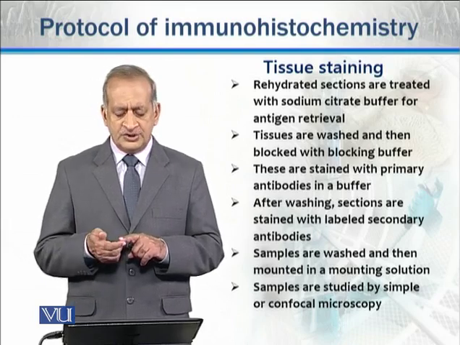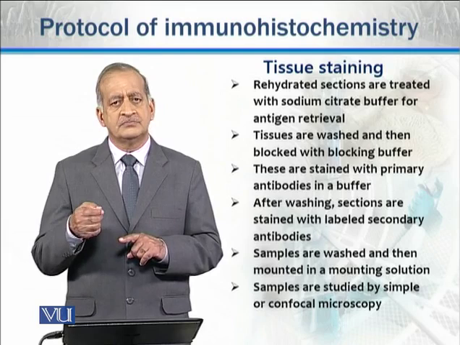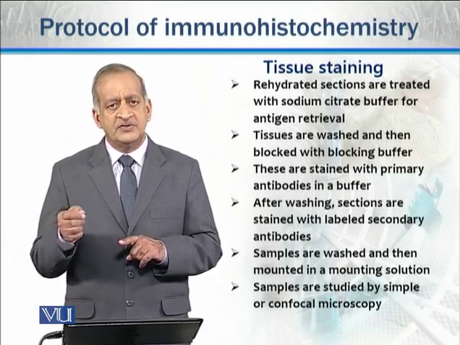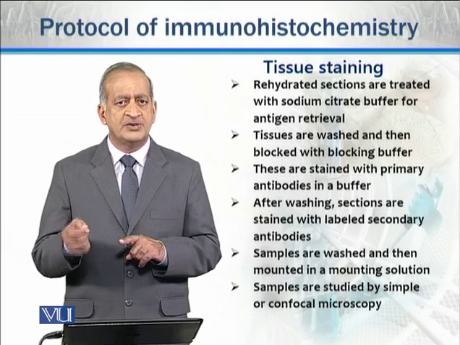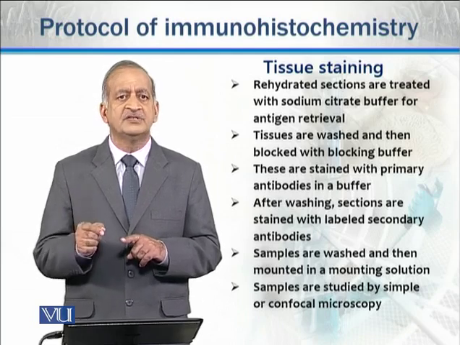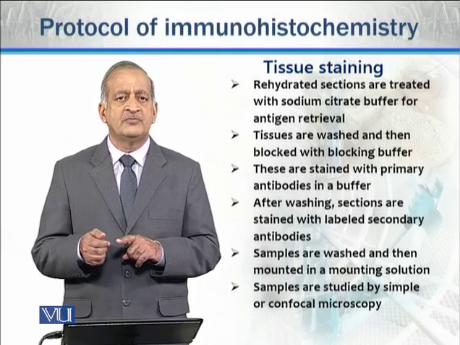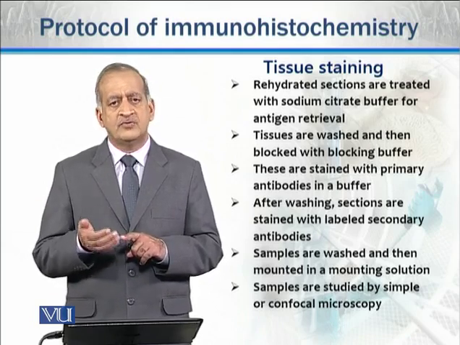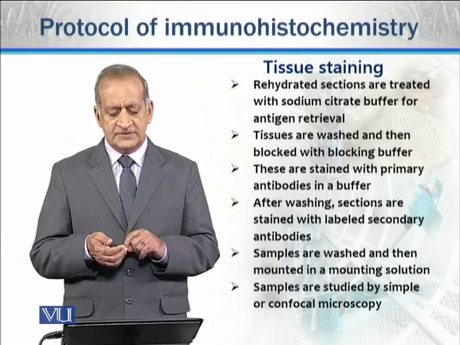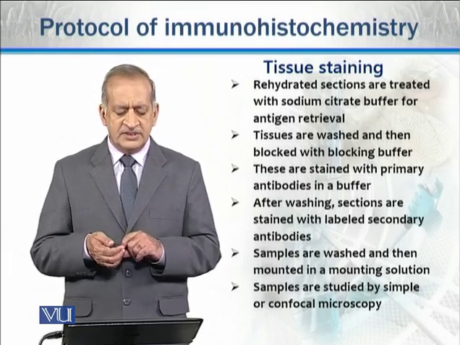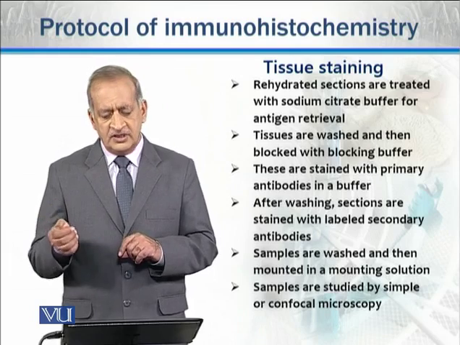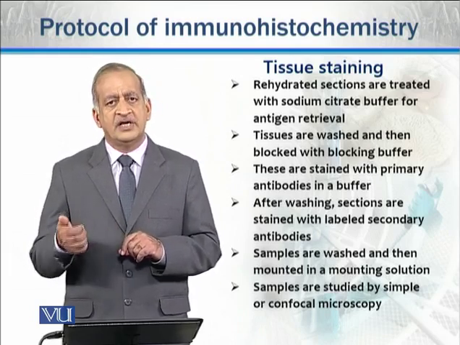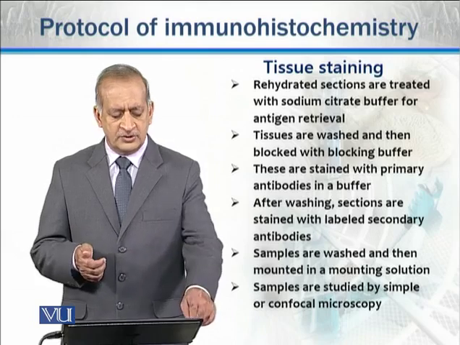Then samples are washed and the unbound antibodies, which are free and not attached to the respective antigens or molecules, are removed. Again, the purpose is to avoid false positive results. Then the samples are mounted in some mounting solution and finally studied by simple or confocal microscopy.